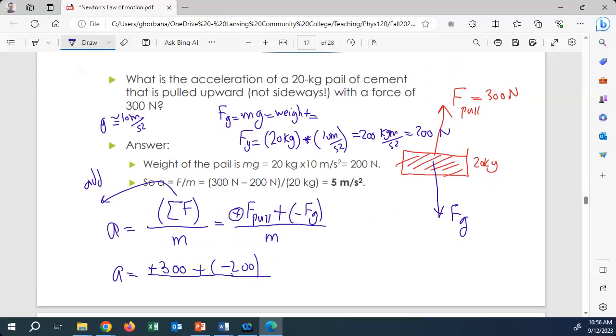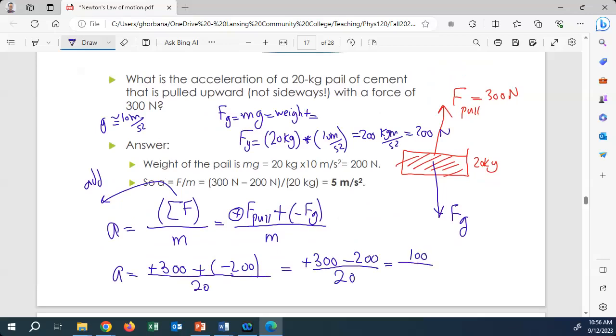Divided by, what is the mass of the cement? 20. Okay? So positive 300, plus negative 200, divided by 20.